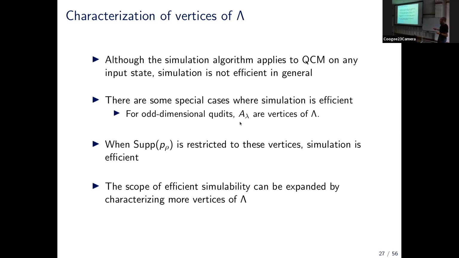Whenever the support of the probability distribution representing the input state is restricted to those vertices, then the whole simulation algorithm will be efficient. And so this gives us a clear way of expanding the scope of what we can efficiently simulate on a classical computer, just by characterizing more vertices and figuring out which ones have efficiently computable update rules. So that's the goal.